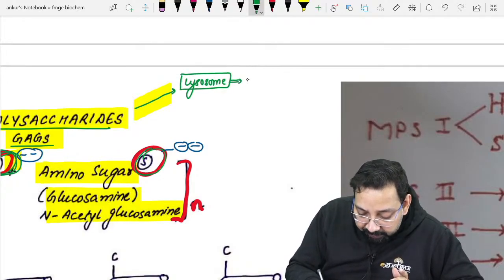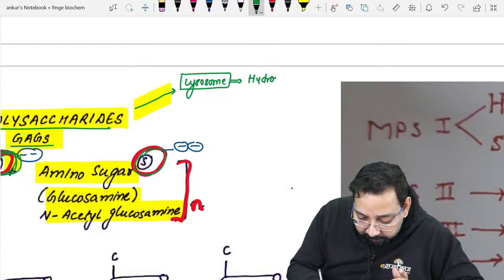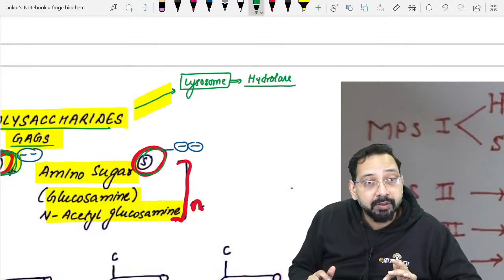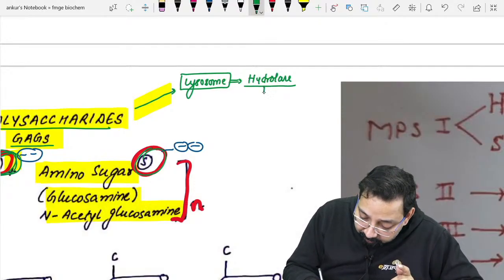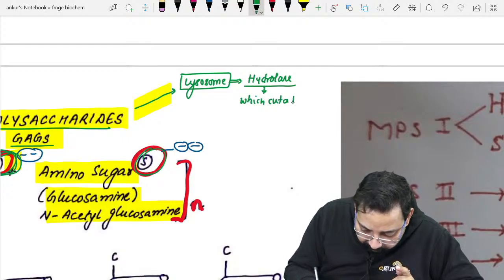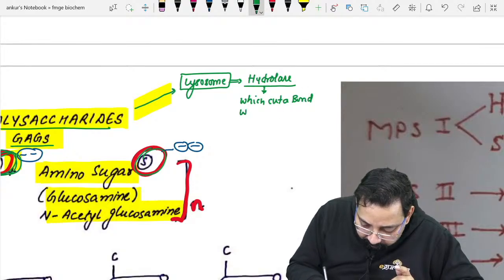Lysosome has the enzyme hydrolase. Hydrolase is an enzyme which cuts a bond with the addition of water.